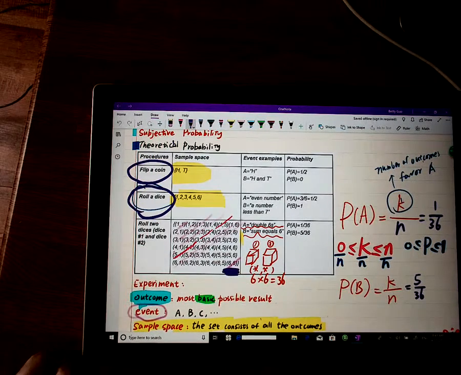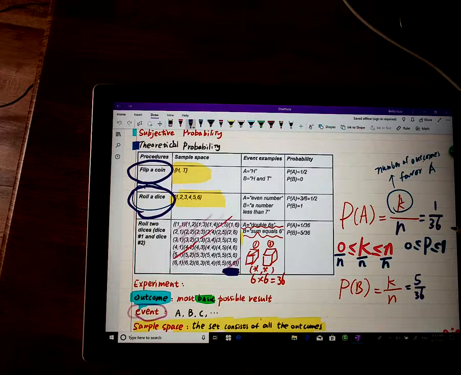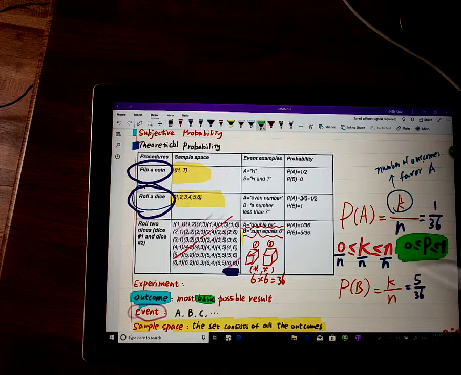So generally speaking, regardless of which type of probability we're talking about, probability is a number, a value between 0 and 1. The number measures or describes the chance or likelihood of an event occurring. So probability can be seen, in a sense, as a measurement.